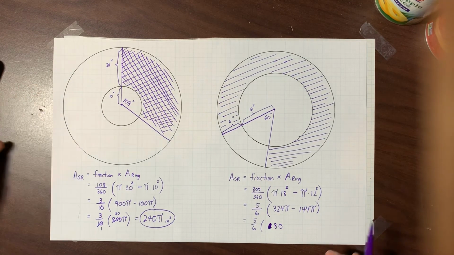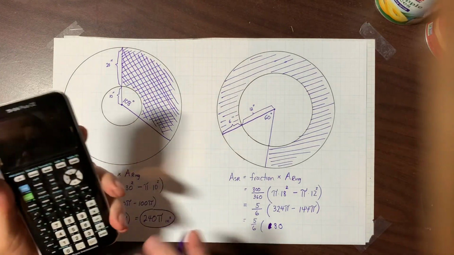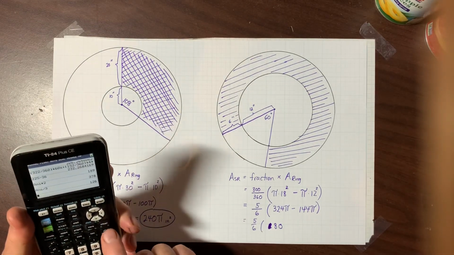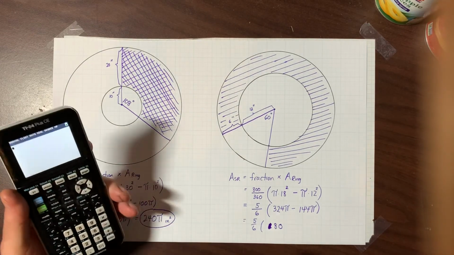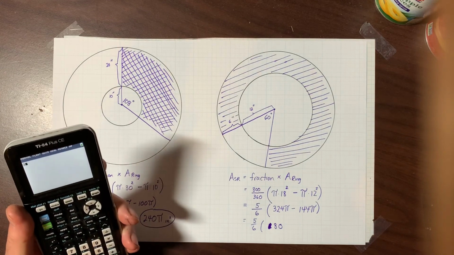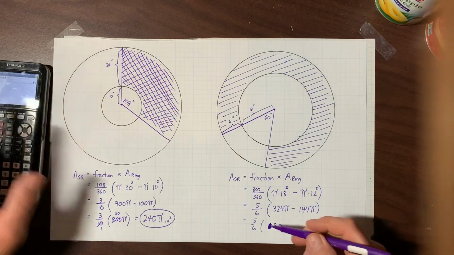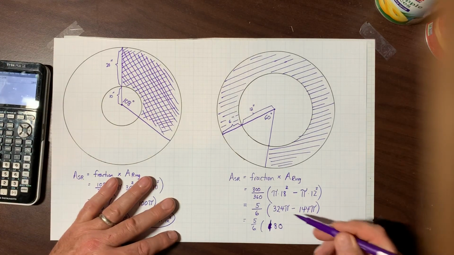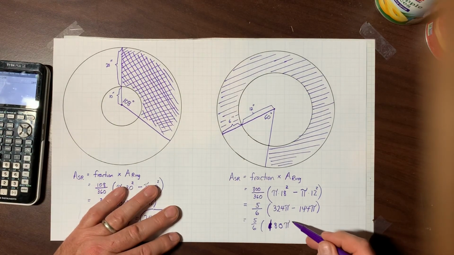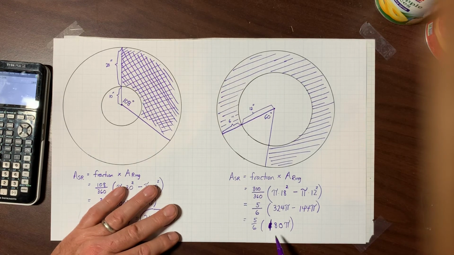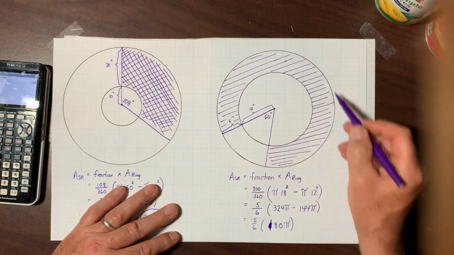Let's make sure I'm doing my arithmetic right. Don't want to blow it at the end here. So I'm doing 324 minus 144. I'm coming up with 180 pi. And then the 180 pi actually is the area of the entire ring.